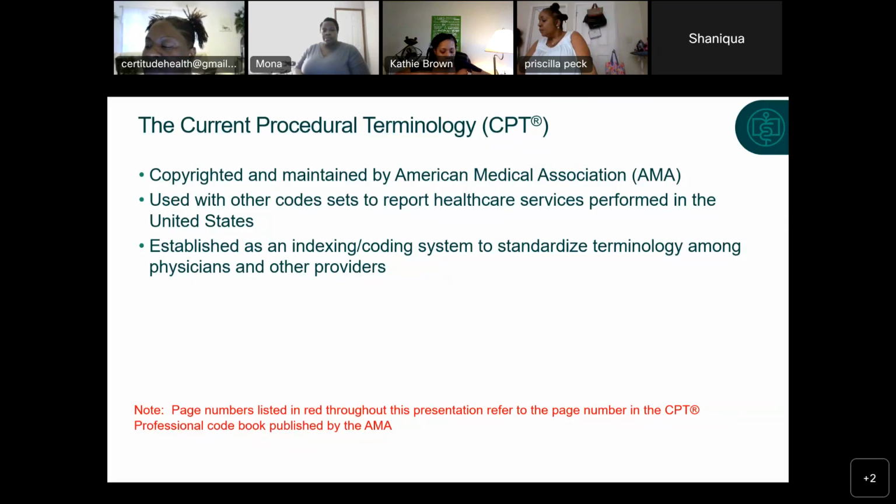CMS is responsible for that. Like, what are we going to charge for this service? What are we going to charge for this drug? They are responsible for all of that. Not only do they pick what the fee is going to be for these services, but they also decide how much they're going to pay.